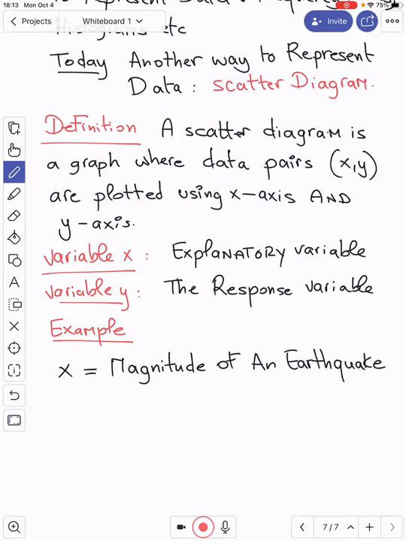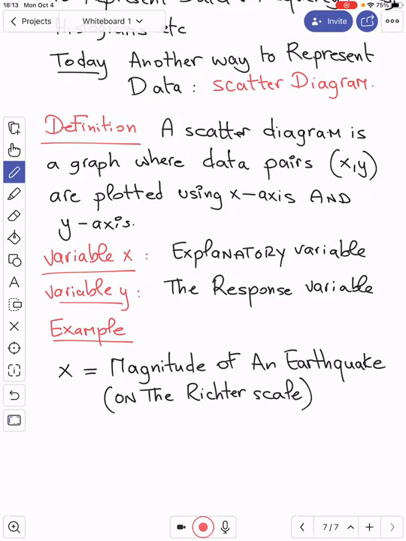We can use the Richter scale as units. So that's my variable x.